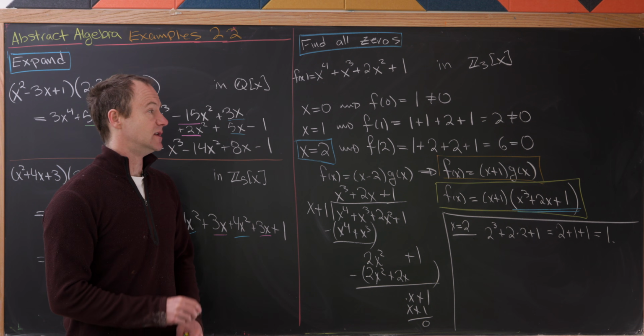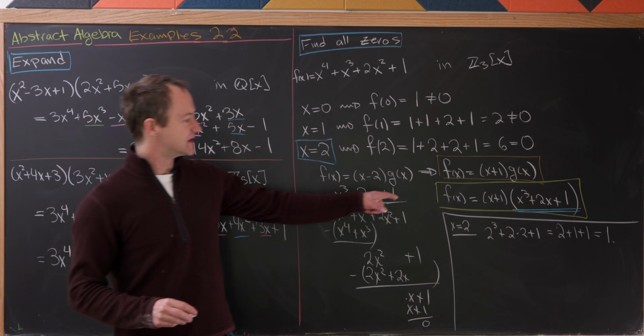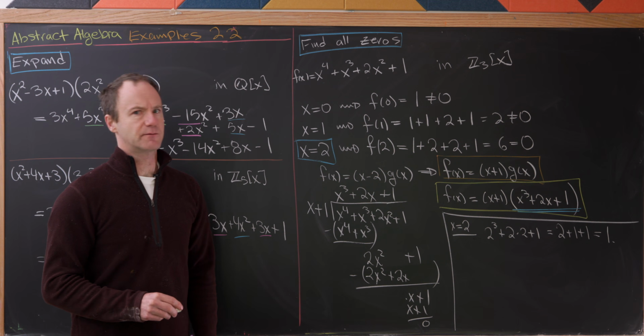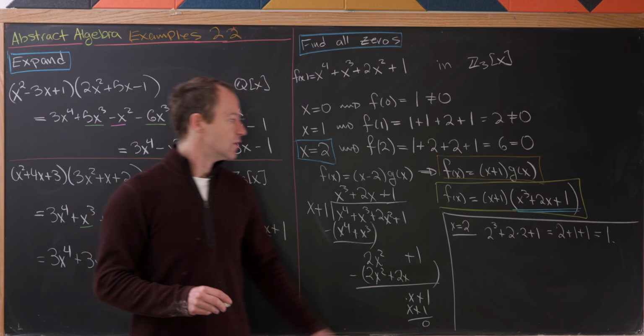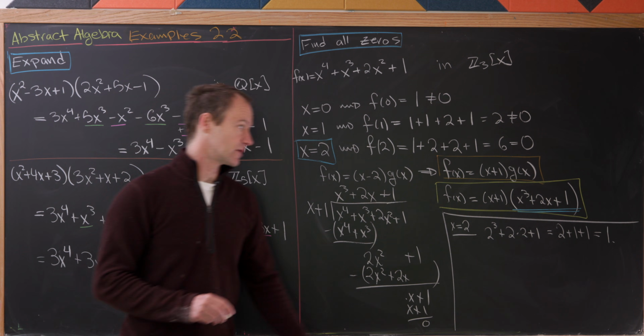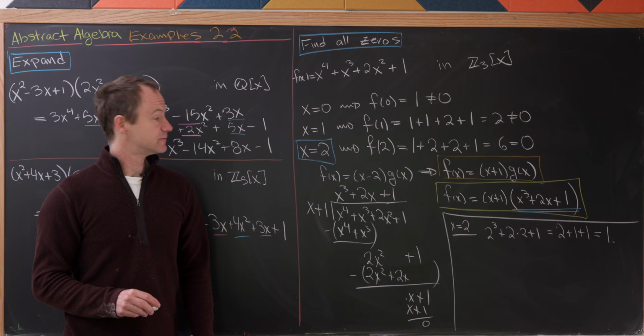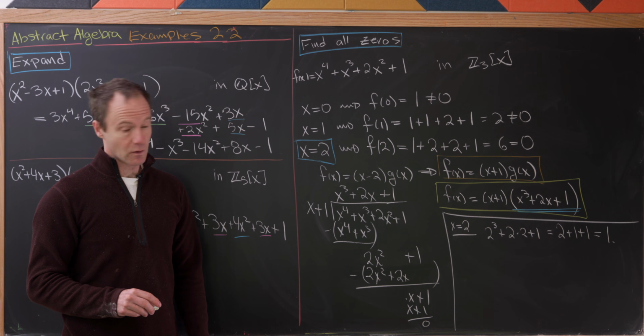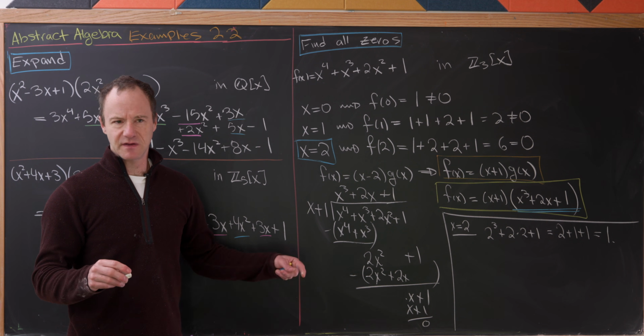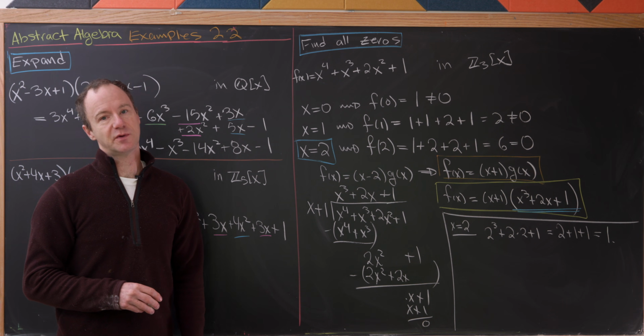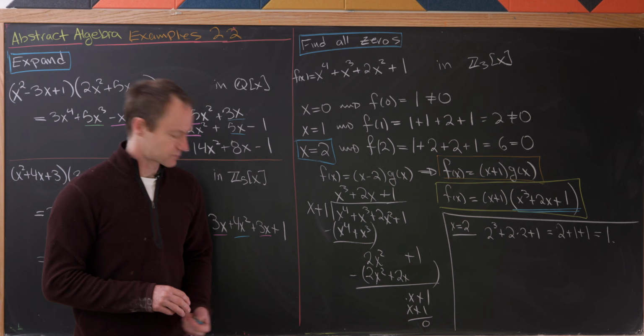So 2 is not a 0, which means this yellow thing is actually our full factorization, which means this blue underlined polynomial doesn't seem to factor anymore. In other words, it would be something that we'll call in the future an irreducible polynomial. Okay, let's move on.